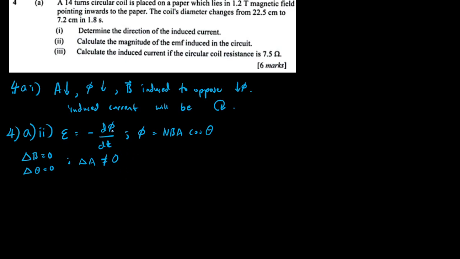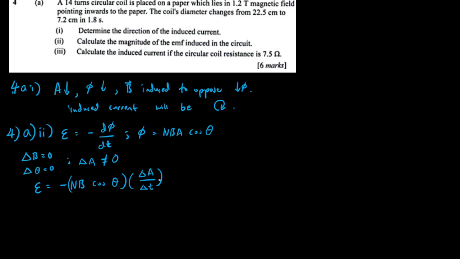So what that means for your equation is that your EMF is going to be equal to negative NB cos theta, so this is going to be the first part. The second part is going to be your delta A over delta T. NB stays constant, theta stays constant, perfectly fine, and then your delta A has some values.